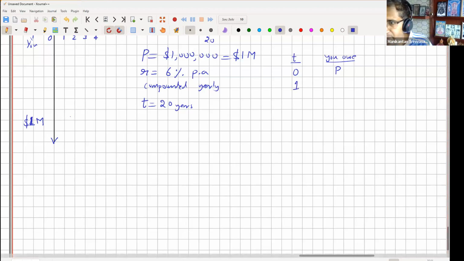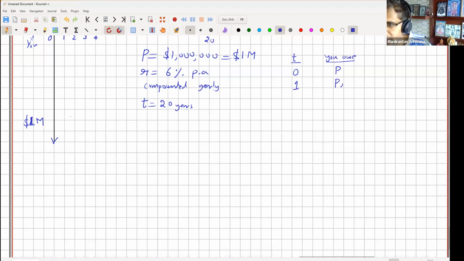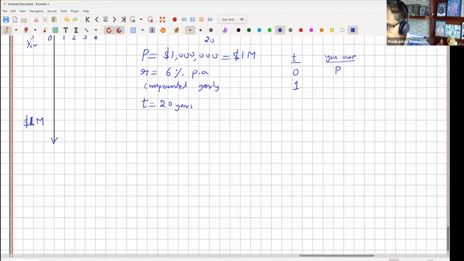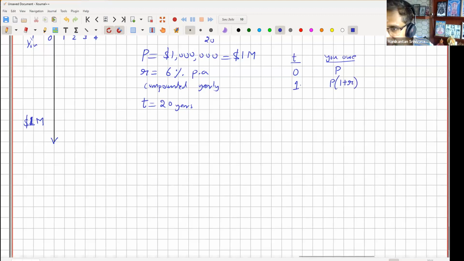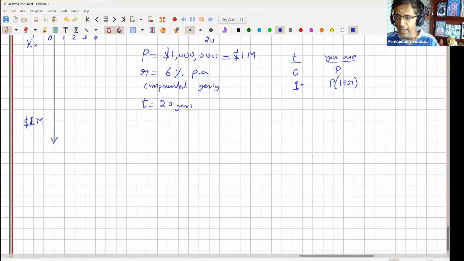At T equal to 1, the interest accrued is P times R, correct? Actually, in compound interest, that's easier, so the amount is P times (1 plus R). Just before I make the payment, I'll say 1 minus, a fraction of a second before.